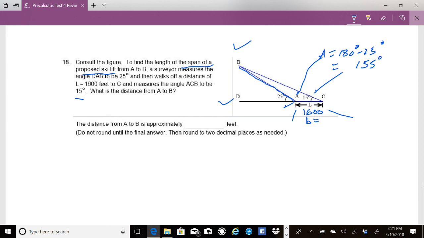And B then is going to be 180 minus 15 degrees minus 155, equal 10 degrees.